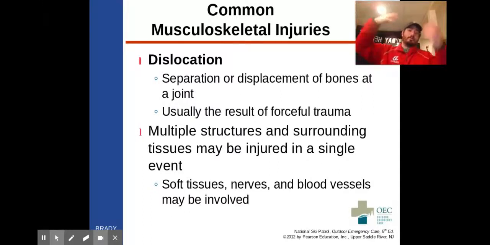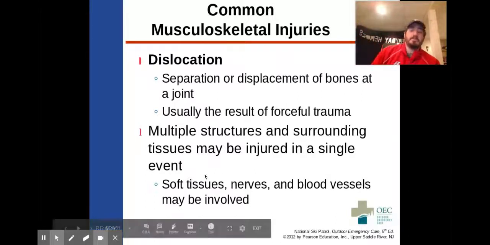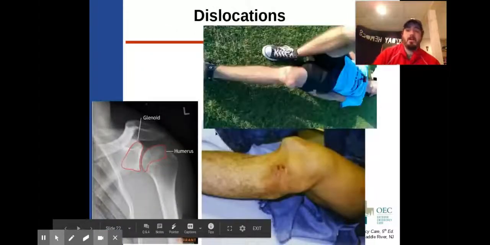Think about all the things that run through our body: blood vessels, arteries, veins, nerves, lymphatic system. If you take a joint and pop it a certain way, those bones, instead of being where they normally are, might now be pushing on a nerve or a blood vessel. And that's not good because we need those to make sure all the tissue in our arm, let's say, or leg or wherever, stays alive, okay? So we really need to think about the complications of this.